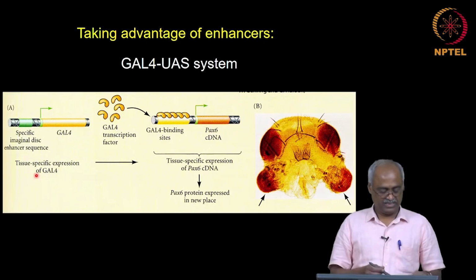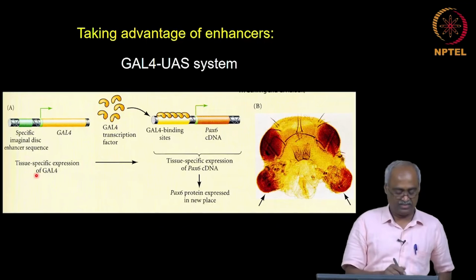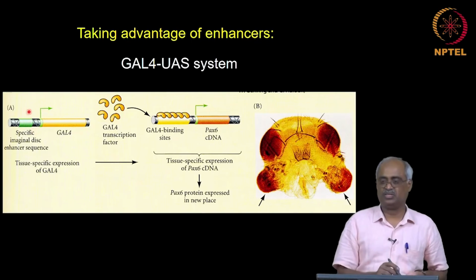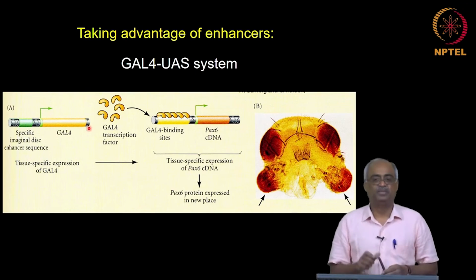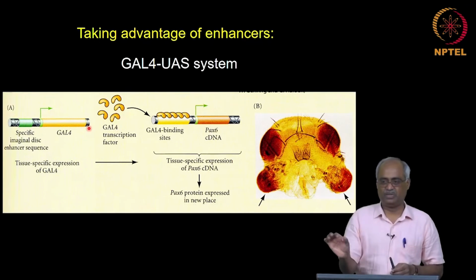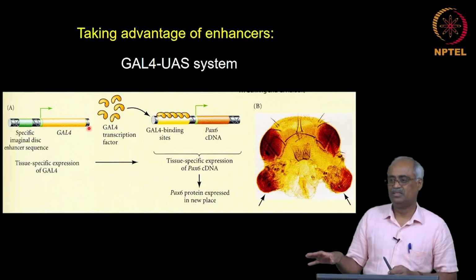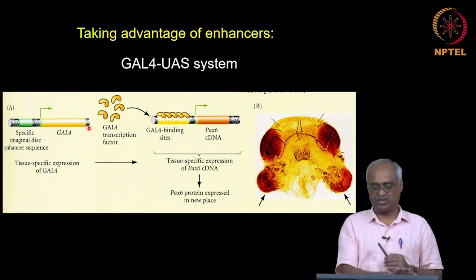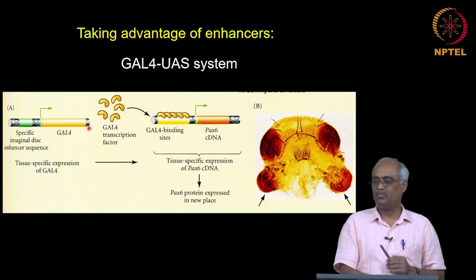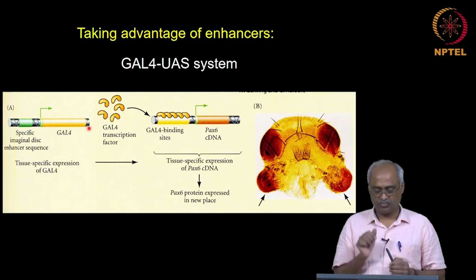So in a very specific imaginal disc, or rather an imaginal disc specific enhancer, you use that to control the expression of a yeast transcription factor, GAL4. GAL4 has a very specific short sequence that it recognizes and activates transcription. So now you have that transcription factor produced in one strain of Drosophila under this imaginal disc specific enhancer.